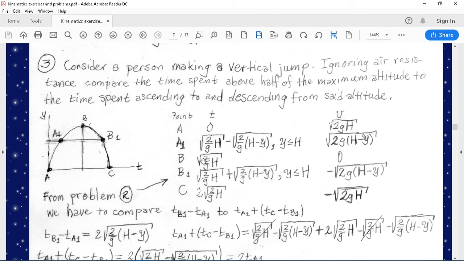So we have this is the time tB, this is time tB1, this is time tC, this is the value for vB1, value for vB, value for vC.